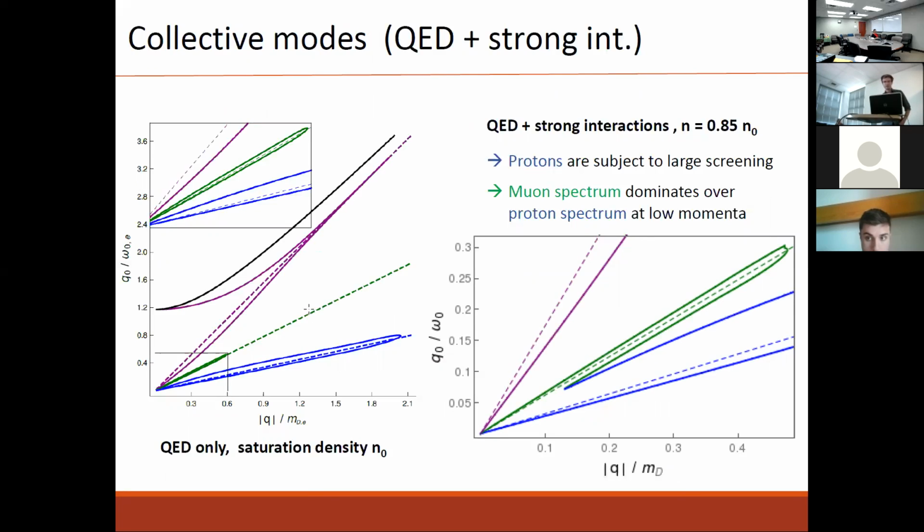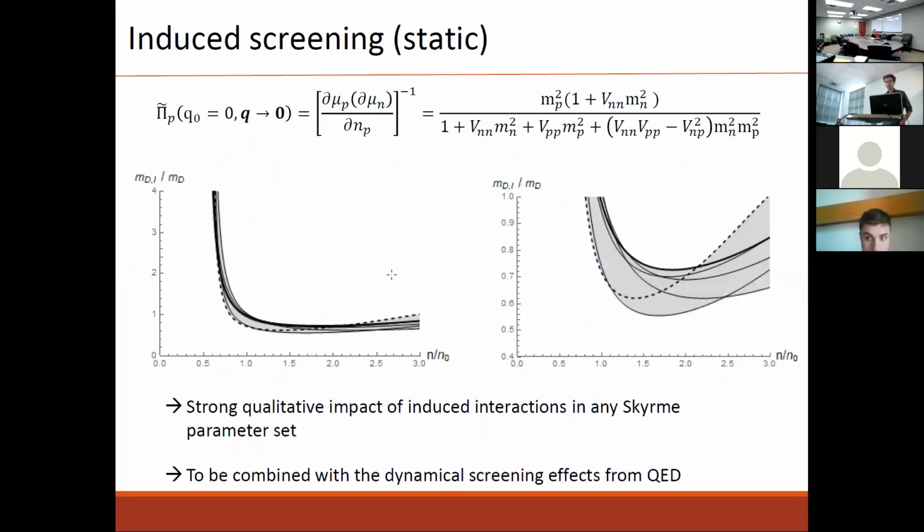Oops, this has very bad resolution here. Where you had the separate responses of protons, electrons, and muons. Now I can add the strong interactions into this game and ask the question, what changes? The first plot I'm showing you is at roughly 0.8 saturation density. So let's go back once again and see.